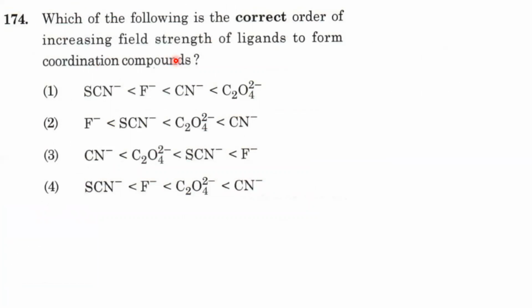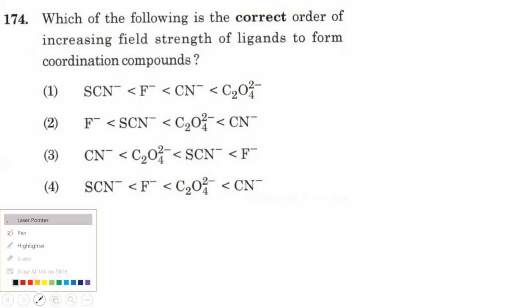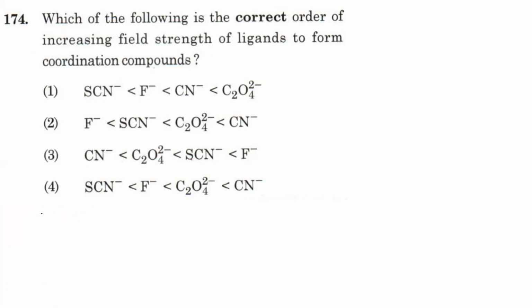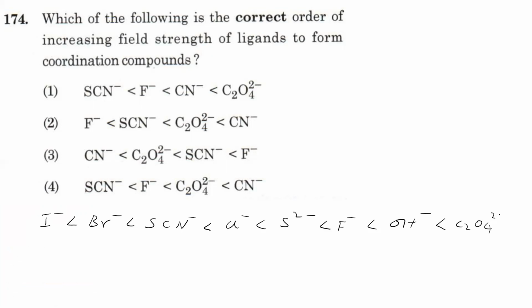Here in the next question what is given is regarding ligand field strength. So what is the field strength of ligands, that we will take. Order of ligand field strength we will take, that is I- < Br- < SCN- < Cl- < S2- < F- < OH- < oxalate C2O4 2- < water.